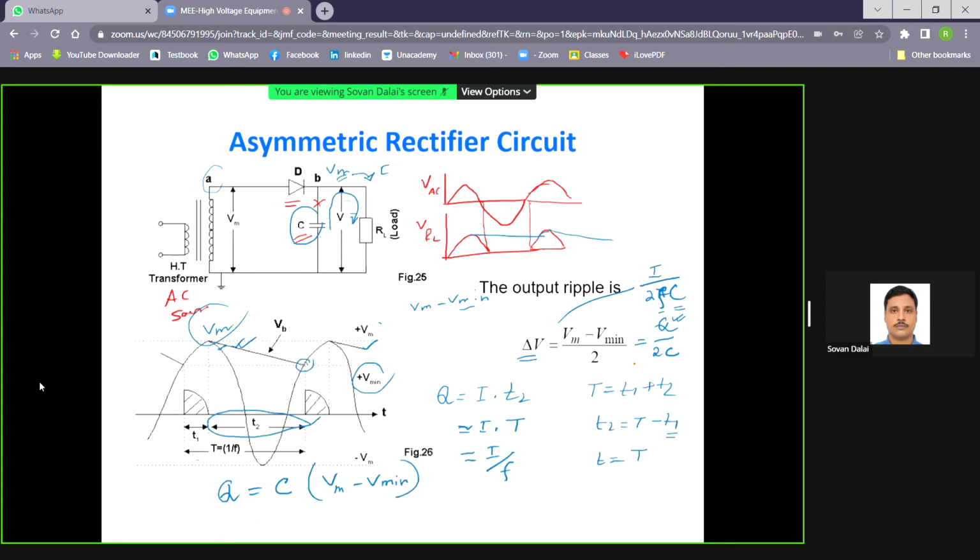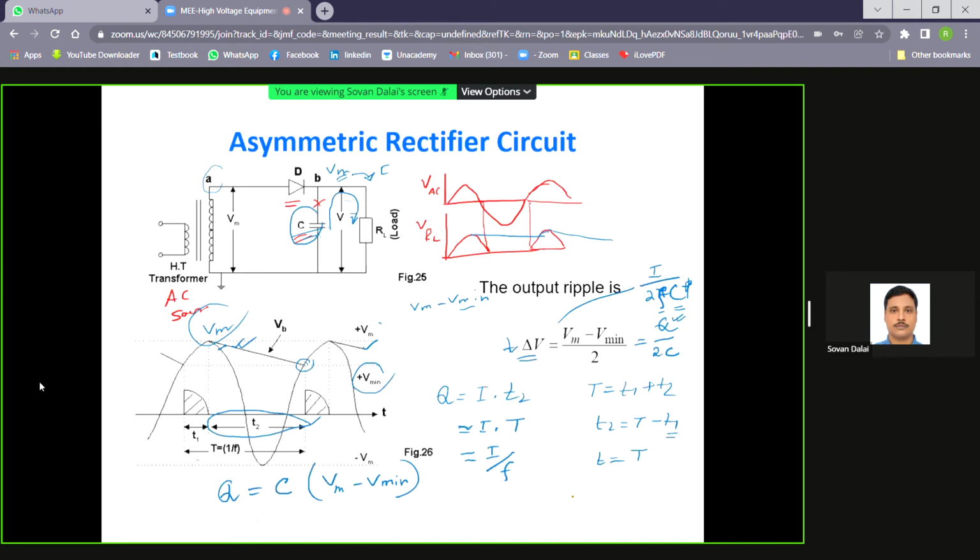Now the designer's tendency is always to minimize that voltage drop. How is it possible? You can increase the value of this filter capacitor, sometimes also called the smoothing capacitor, which is responsible for the smoothness of the voltage. If you increase the value of capacitance, delta V decreases, or if you increase the frequency, in that way also you can improve the voltage drop.